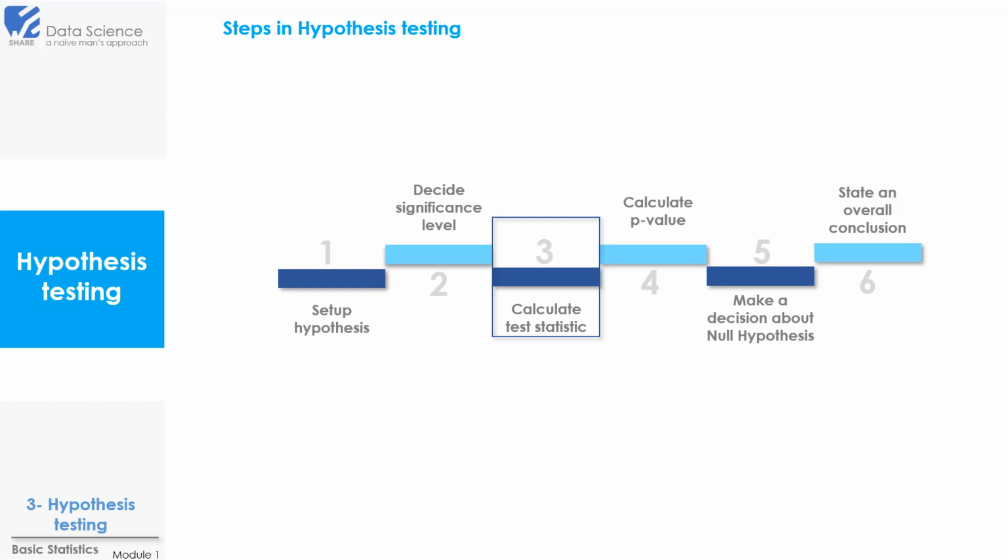This step is different for different types of tests, and we'll see this step for all the different types of tests that we have just discussed. Then the fourth step is to calculate the p-value using the test statistic. Then in step 5, we make a decision about the null hypothesis. And in step 6, we state an overall conclusion. So these are the steps that are involved in hypothesis testing.